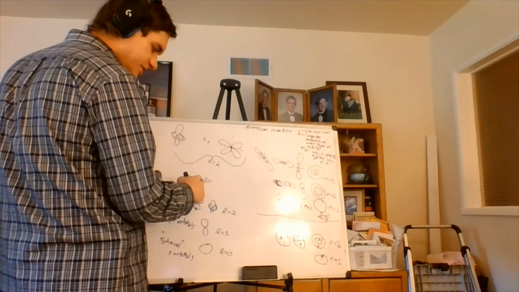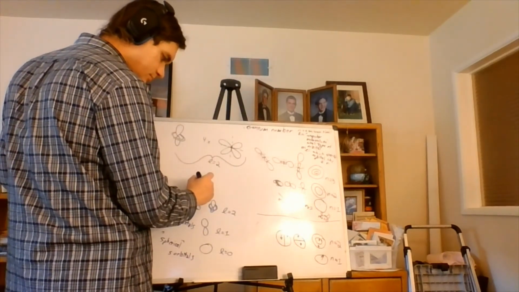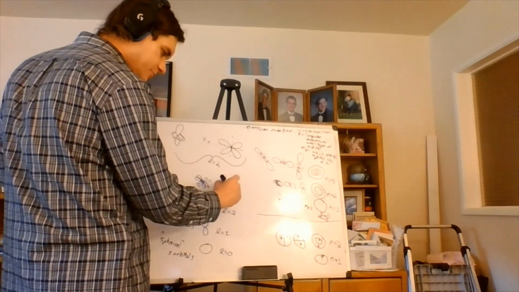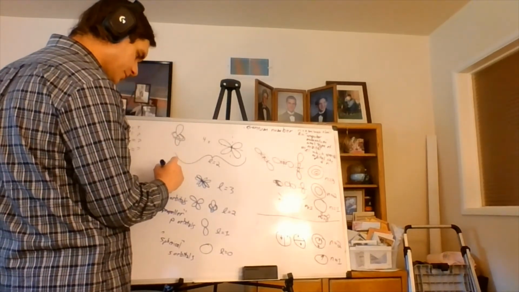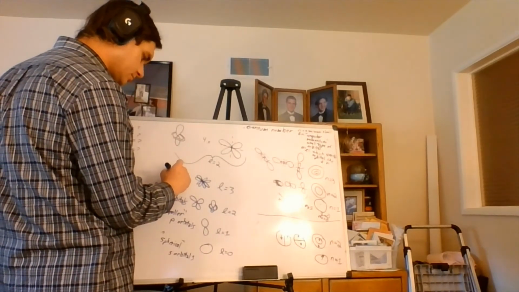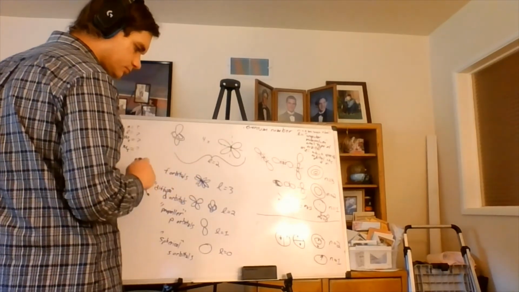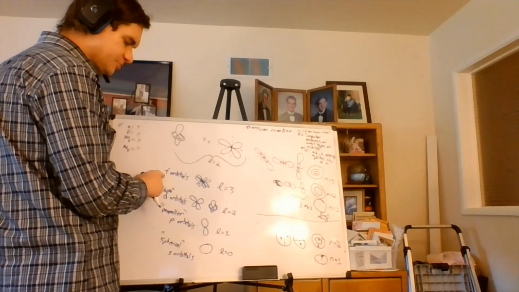You get something that looks like this, cut in half two ways. These are the L equals 3 orbitals, or the f orbitals. If f refers to anything specific, I don't know.